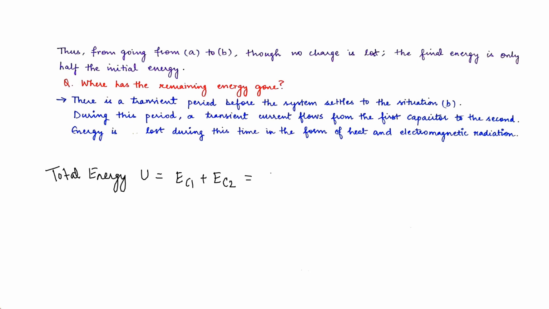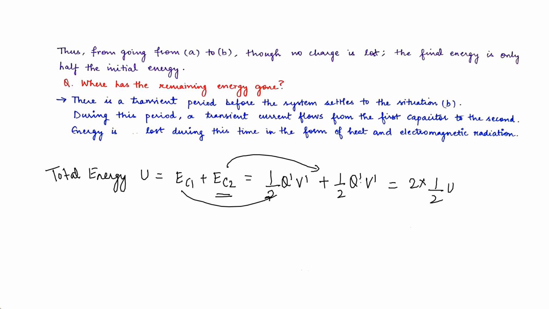Energy from capacitance 1 is half Q dash V dash, plus half Q dash V dash from this one. Okay, from here this comes and from here this. Then there are 2 times half Q dash V dash, so this and this will cancel and we get Q dash into V dash.